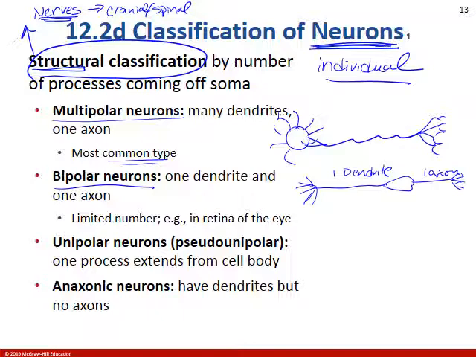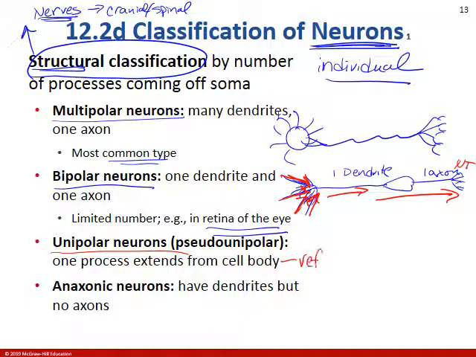So bipolar is kind of consolidating information, collecting information. And this happens in the retina of the eye. So we're taking a whole bunch of information, and we're consolidating it on this dendrite to send a quick signal down the axon, release a neurotransmitter, and have some sort of action happen. Unipolar I think of as very quick.